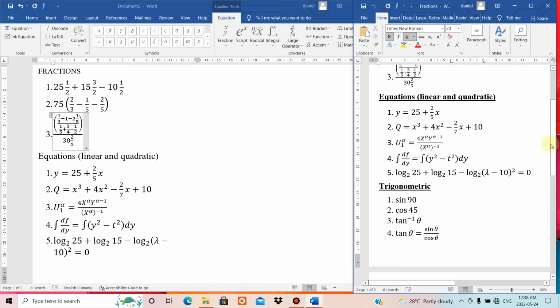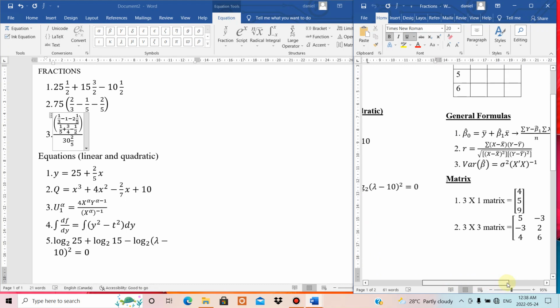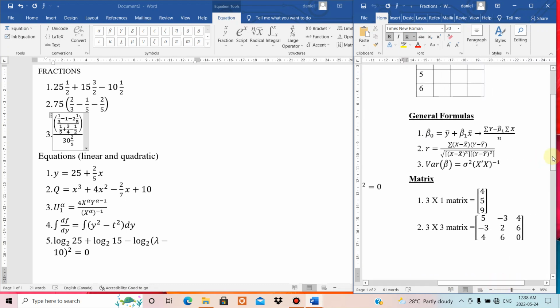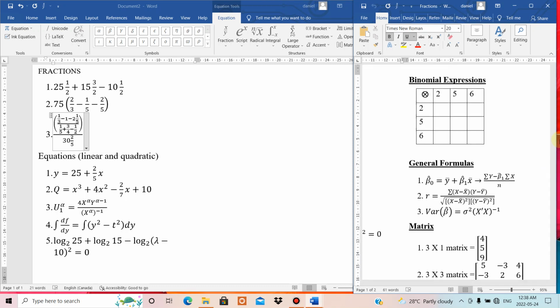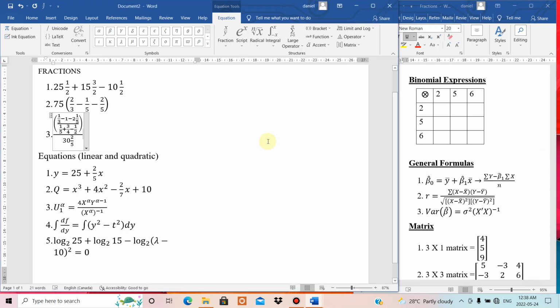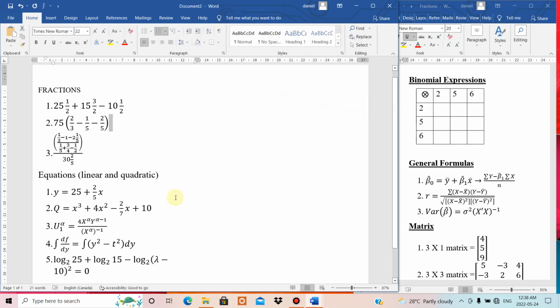So I would like us to move to the other side. This is the binomial expressions. So let's input that binomial expression and move on. On the other side of our page, as we divided it into 2, is our binomial expression.